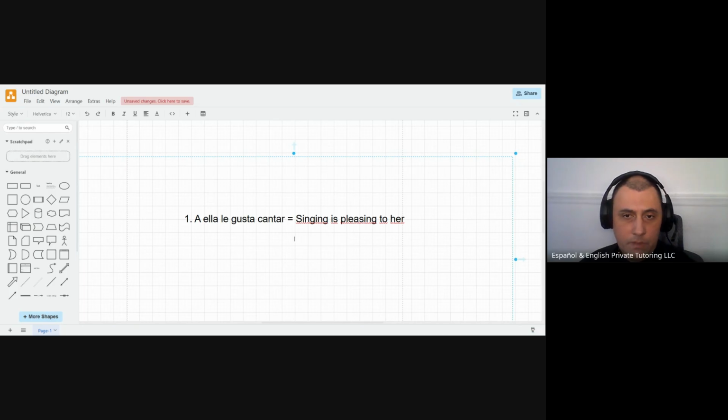An indirect object pronoun is a special pronoun that replaces the indirect object of the sentence. So in English, the sentence, I'm going to put it here.